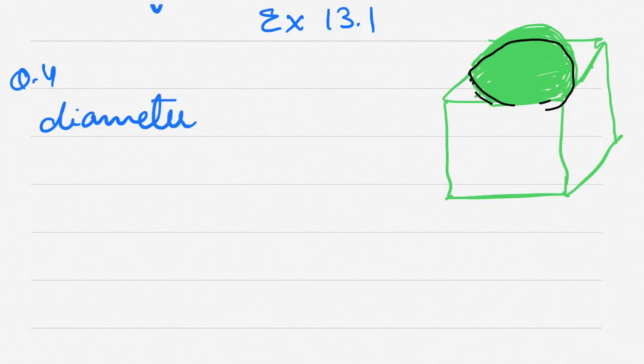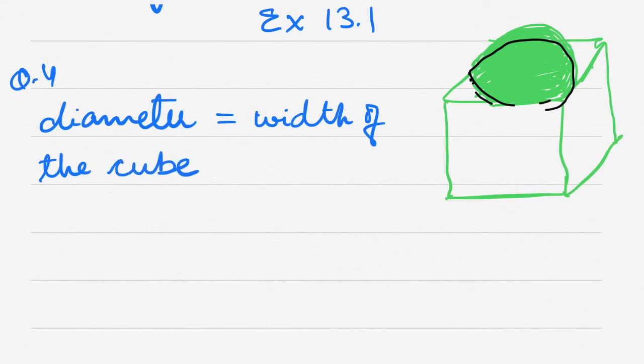The greatest diameter can be equal to only the width of the cube, because if I put it along the diagonal, that is one more way of putting it, but then the surface will come out if the diameter is the diagonal.